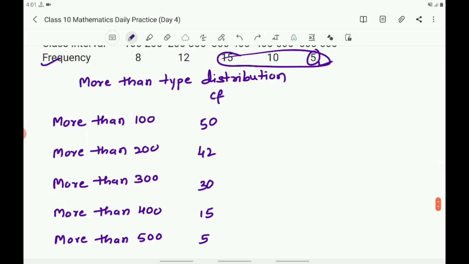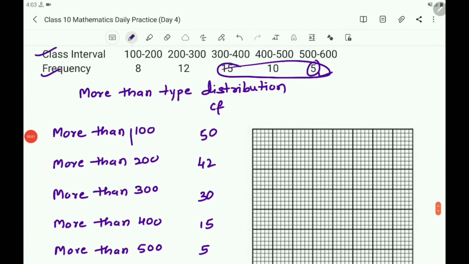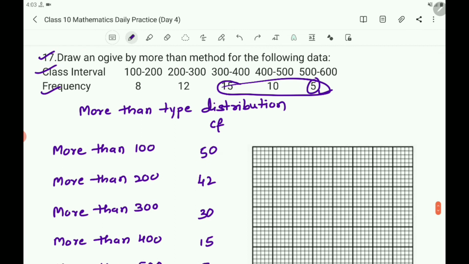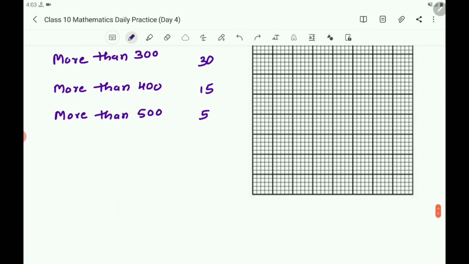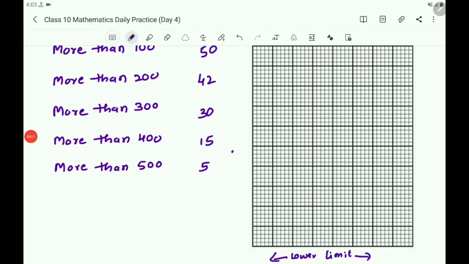Now you take this lower limit on the x-axis and the cumulative frequency on the y-axis. So you write here the lower limit, and when you take CF on the y-axis, you take the origin here.